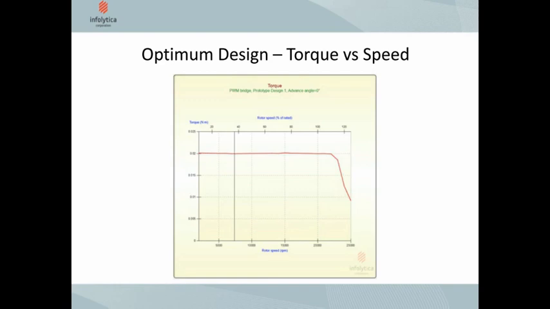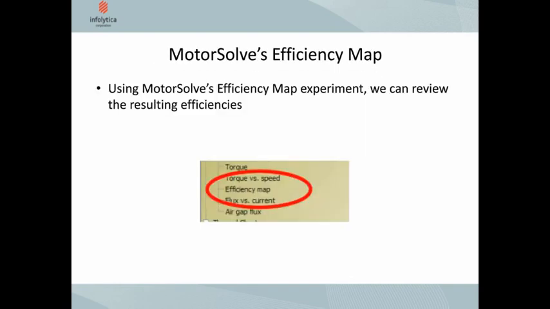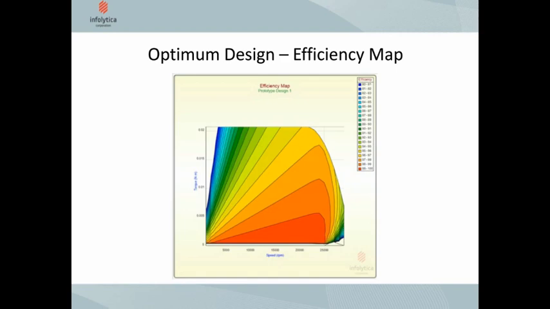We're going to run an additional test to help us assess things, and so we're going to run an efficiency map experiment. And here is our result for the machine. And then utilizing the motion analysis test that we've run before, we're also now going to look a little bit more in detail at the overall machine response.